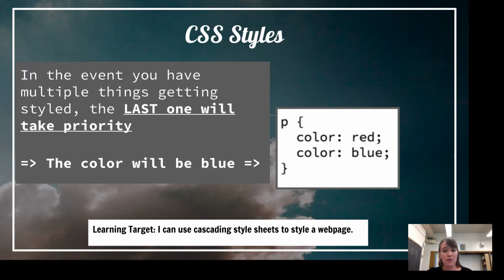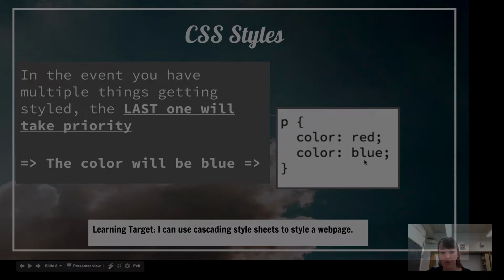One thing to note is that if the property repeats itself, it's going to only see the latest instance of it. So if you ask the paragraph text to be colored red and then colored blue, the text is actually going to be colored blue.